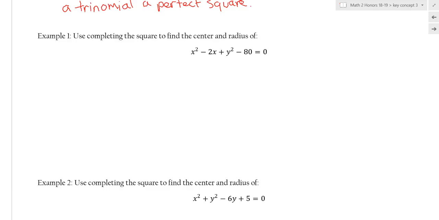The first step that I always like to do is move the constant. What I mean by that is this constant is here, just like our formula for a circle. It's x minus something squared, y minus something squared equals your r squared. So your constant's supposed to be on the right side anyway. Okay? So I want to get rid of it from here, so I'm going to do the opposite to move it. So now I have x squared.